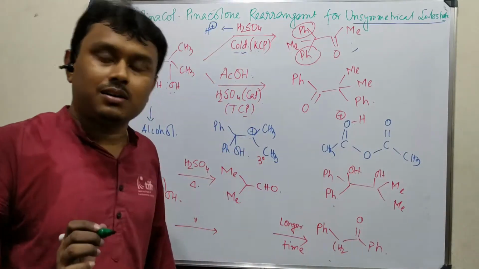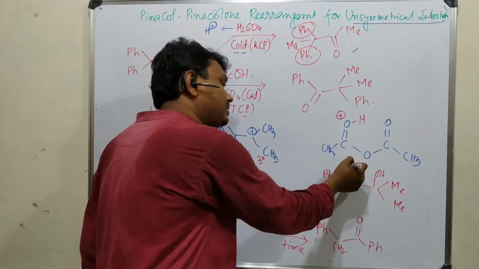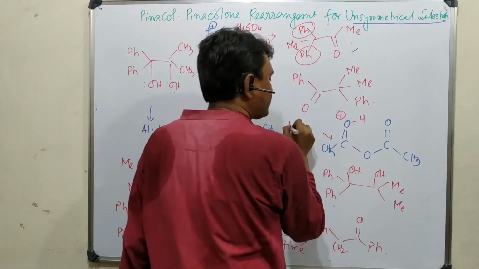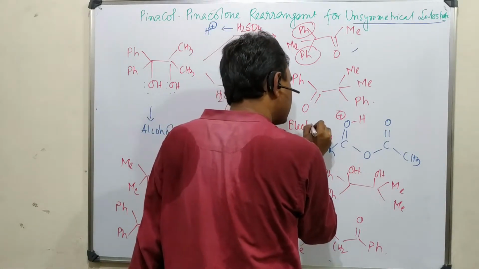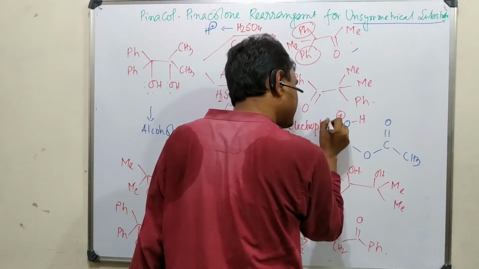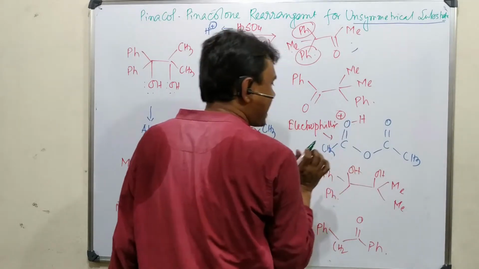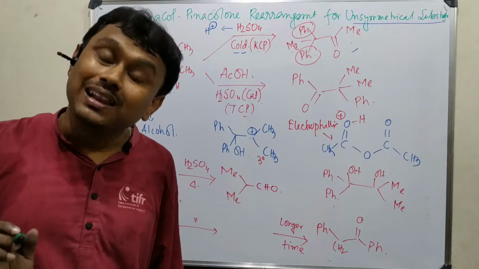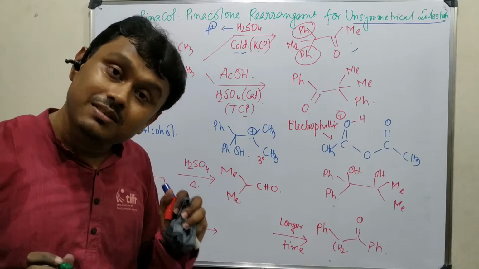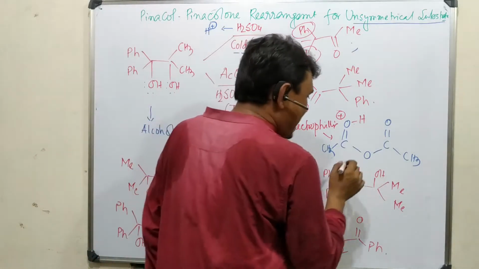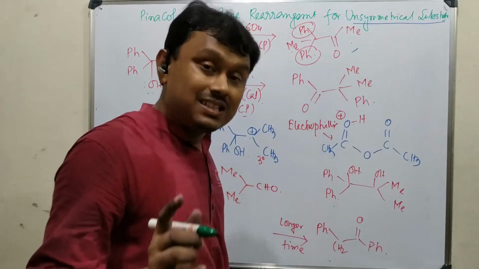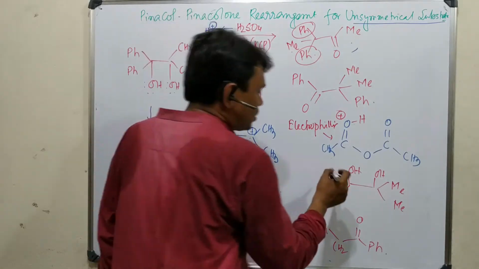Both can attack, but we know that right now this is an electrophilic center and the alcohol is nucleophilic. The bulkiness of the nucleophile matters during this attack, and actually this is a nucleophilic acyl substitution. So what happens?